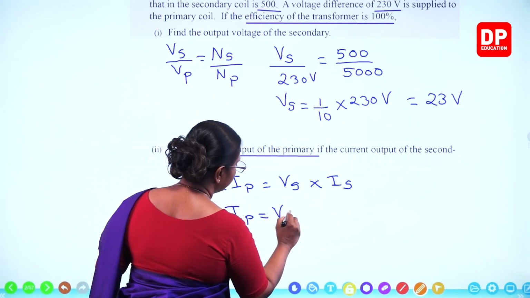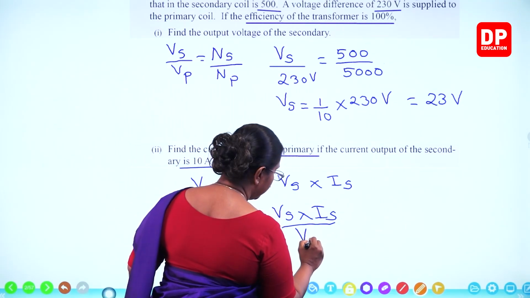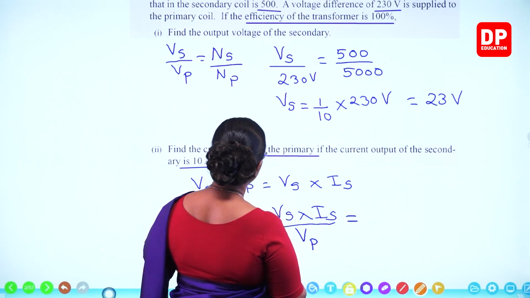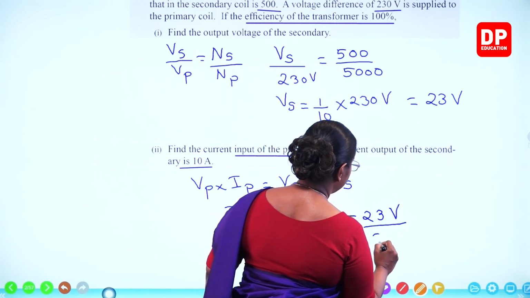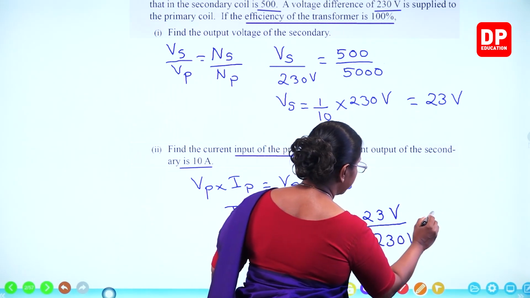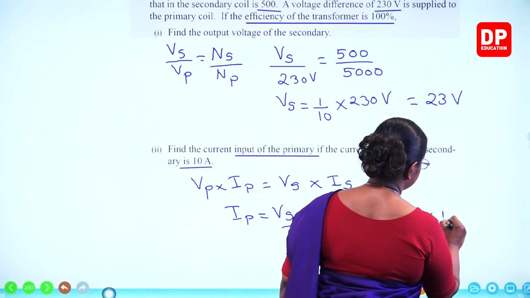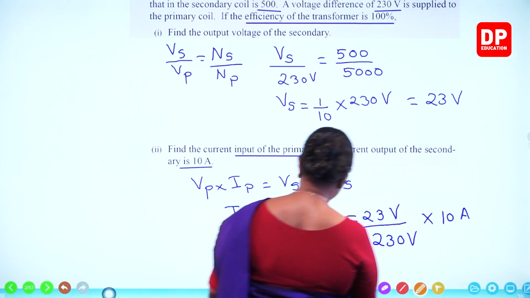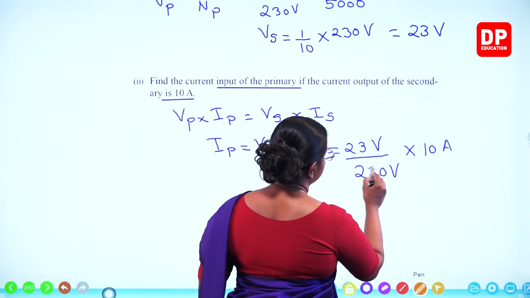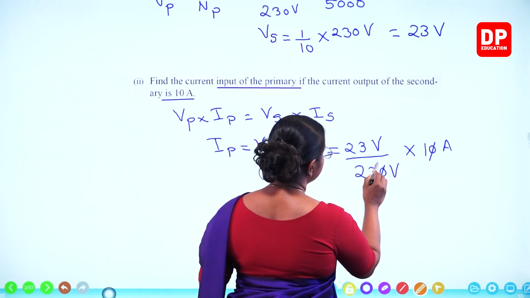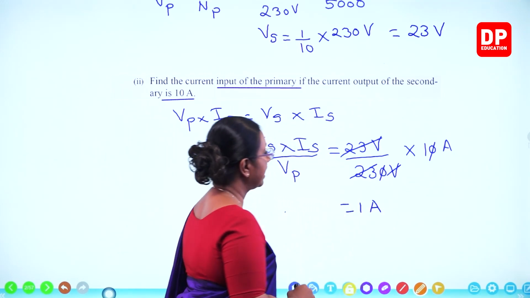So there, again we use the same equation, V primary into I primary equals V secondary into I secondary. So we need to find I primary. That is equal to V secondary into I secondary divided by V primary. That is equal to V secondary 23 volts, V primary 230 volts into output current 10 amperes. If we calculate, this and this cancel off, so the current will be 1 ampere.